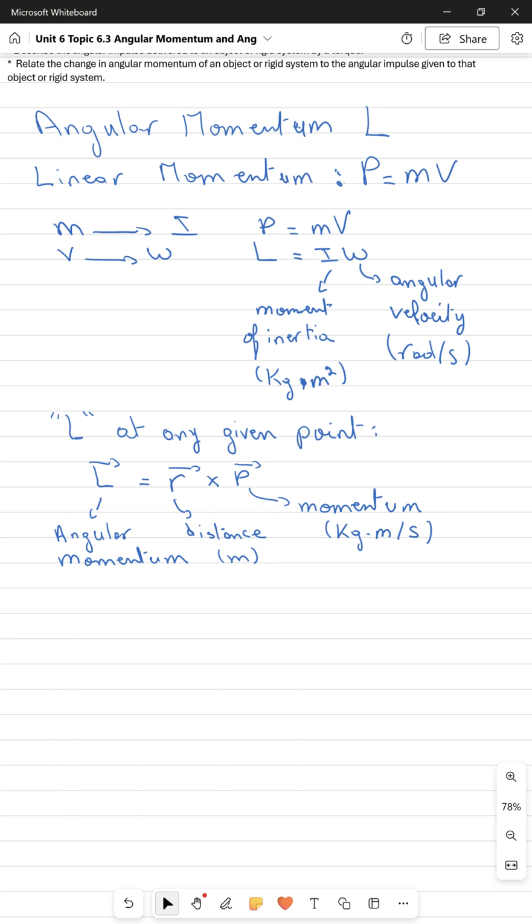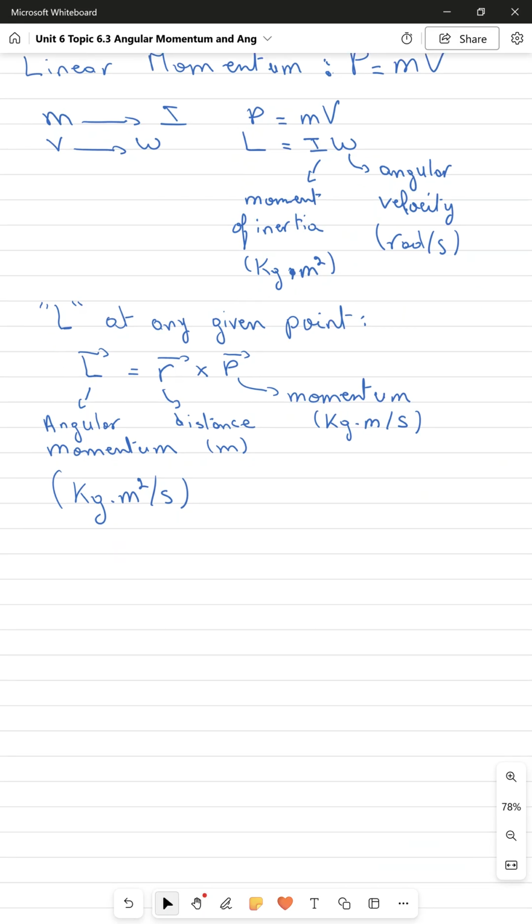So the angular momentum is going to be in kilogram meter squared per second.